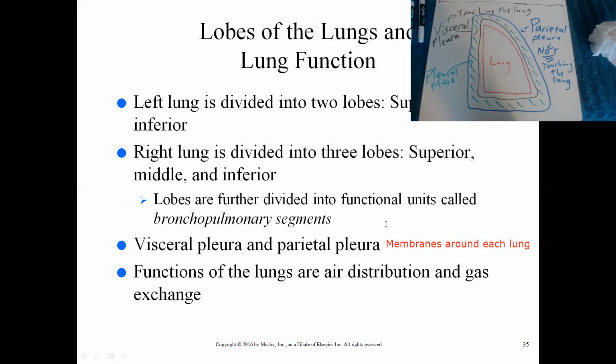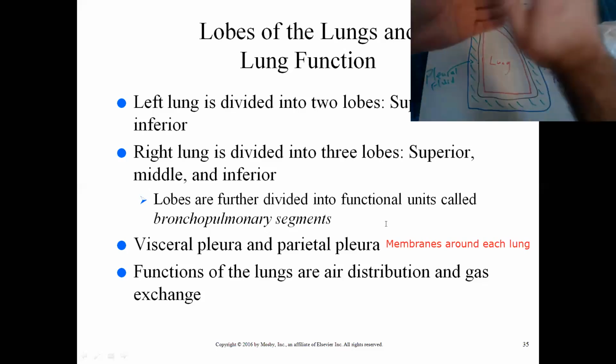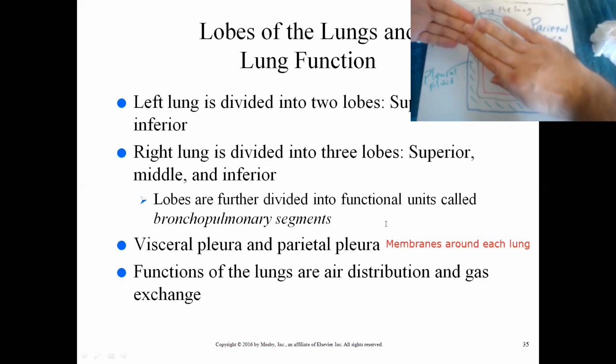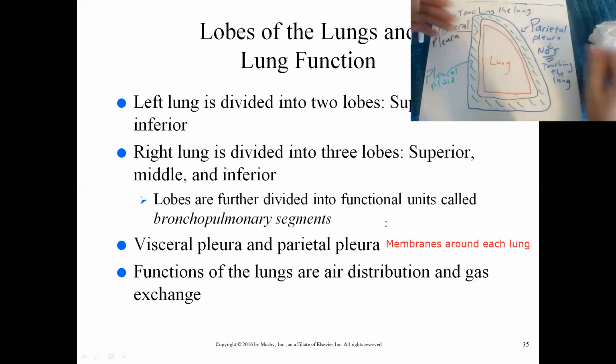And so this is where the pleura come in with their fluid. Because there's fluid between the two pleura, when the lungs expand, the two pleura slide against each other without any friction. The fluid prevents friction, like oil in your car.